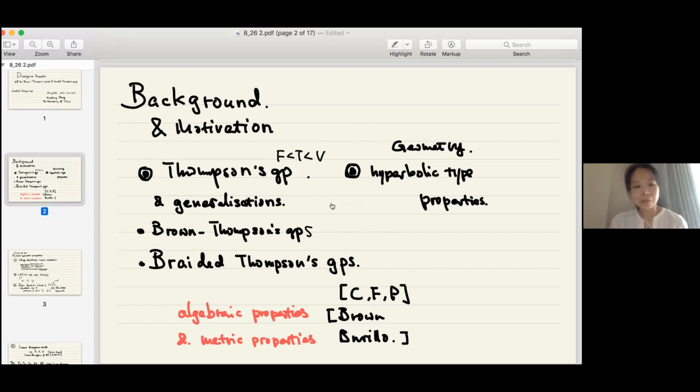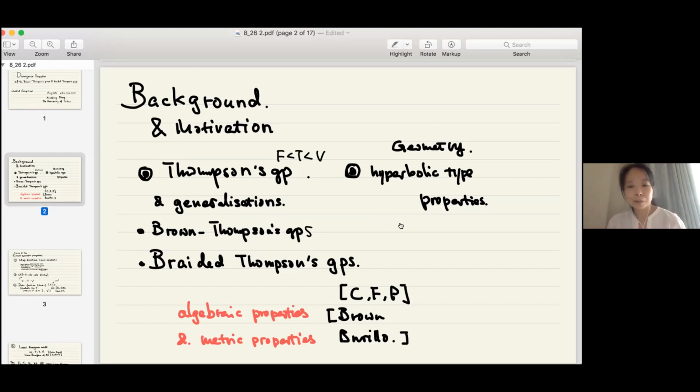Many of the early results are on the algebraic properties and also topological and metric properties of these groups. But the geometry of these groups is still very mysterious. It's also been mentioned in the previous talk that the quasi-geodesics of the groups are also mysterious.